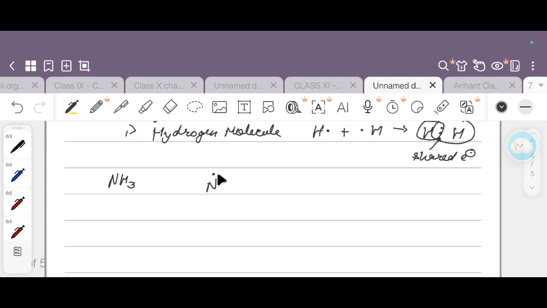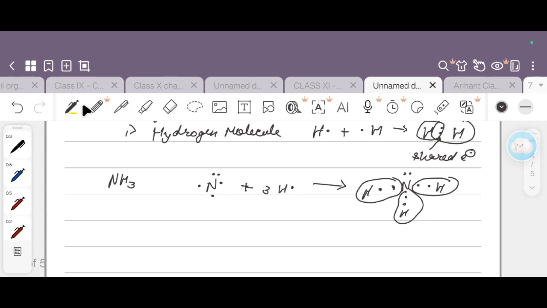A nitrogen has 5 valence electrons plus 3 hydrogens. Now a bond is formed as, now for nitrogen we have 1 2 3 4 5 6 7 8 electrons.